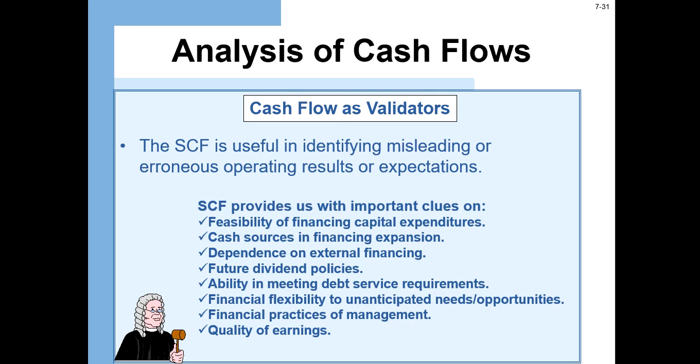So the statement of cash flow is useful in identifying misleading or erroneous operating results or expectations. So particularly it's important to look out for the below situations that are given over here.